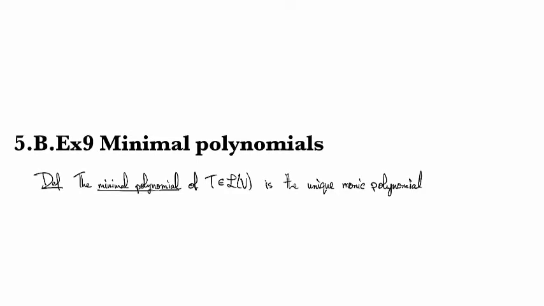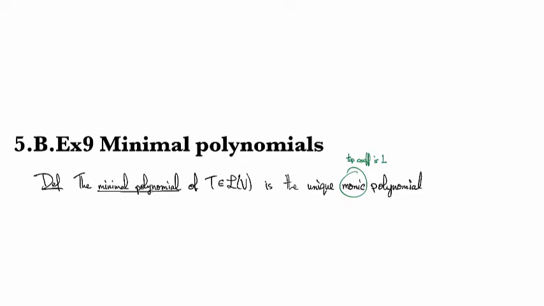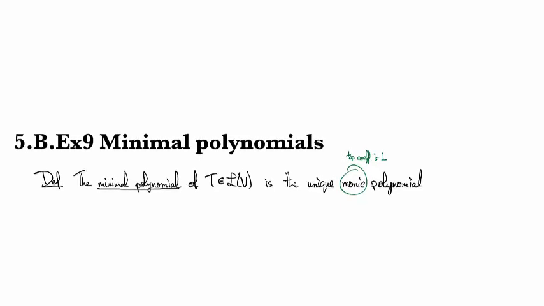And monic is nothing fancy. It just means that the coefficient of the highest power of the variable is 1. So it has a coefficient of 1. That just simplifies some things and allows you to specify uniqueness.